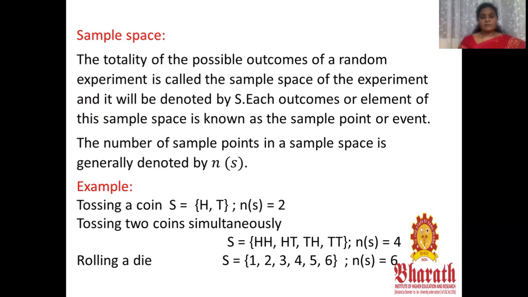So the number of sample points is equal to 4. Rolling a die. We know that a die contains 6 sides. So the sample space S is equal to {1, 2, 3, 4, 5, 6}. So the number of sample points is equal to 6.